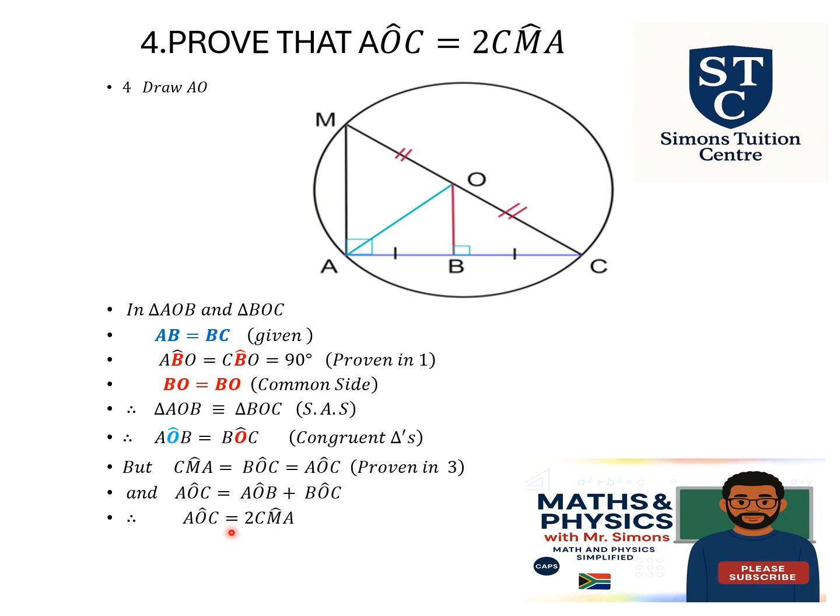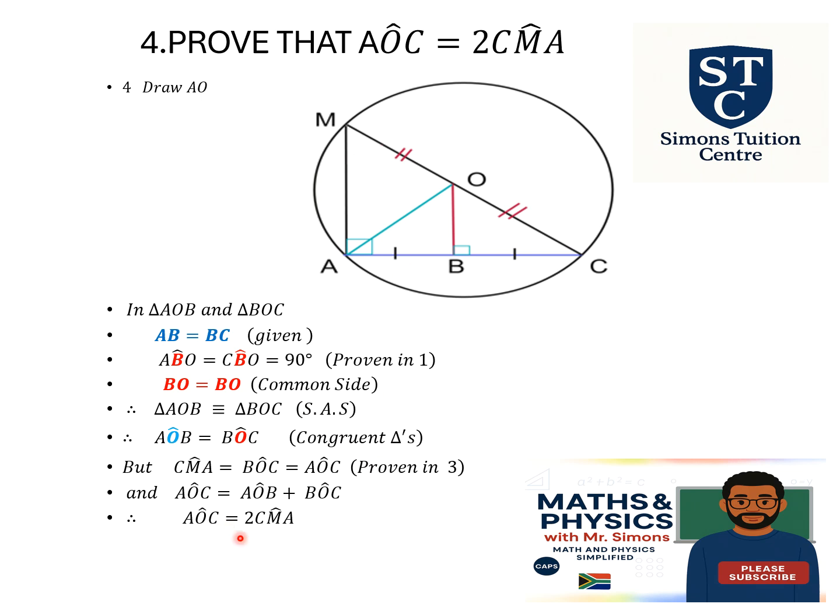It should read AOC equal 2 CMA. So CMA was the size of this angle here, and that angle is the size of the other angles. So this whole angle added together equals 2 times that size. This one is the size of that, and this angle equals the size of that angle, so those two added together are twice the size of that one.